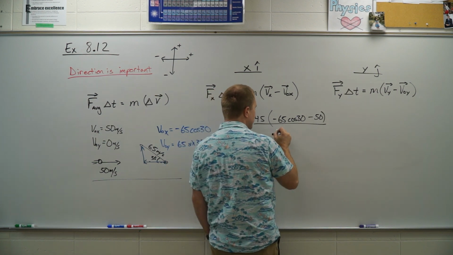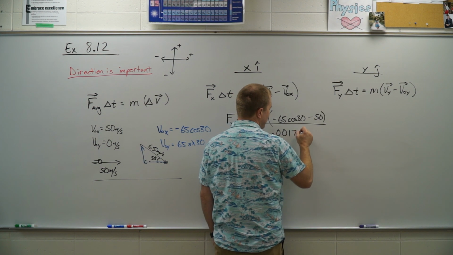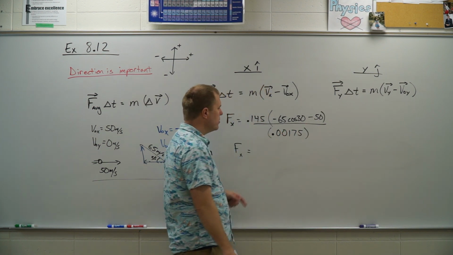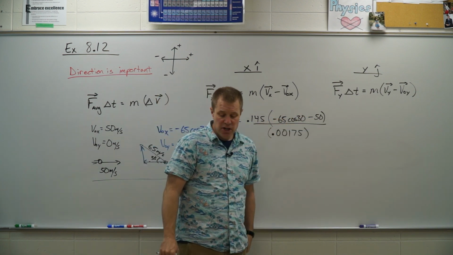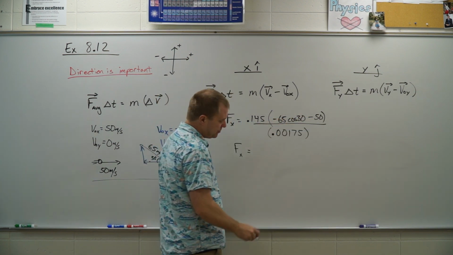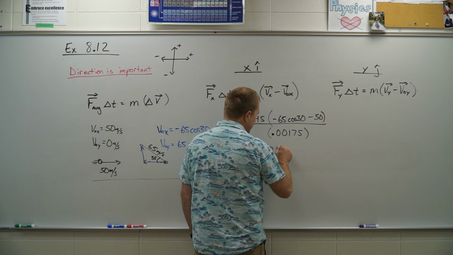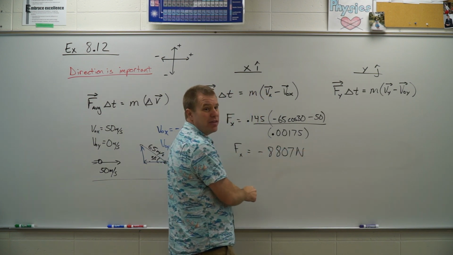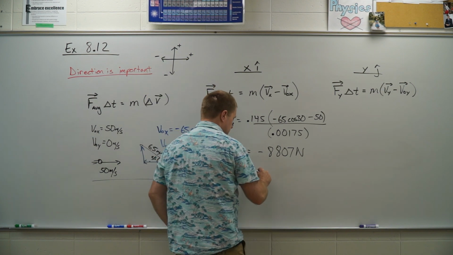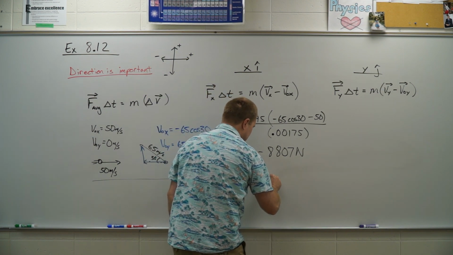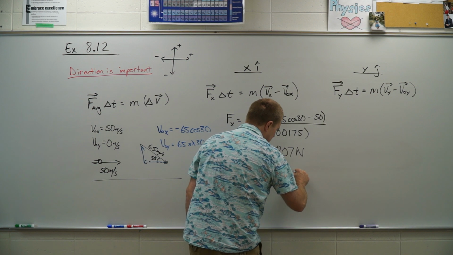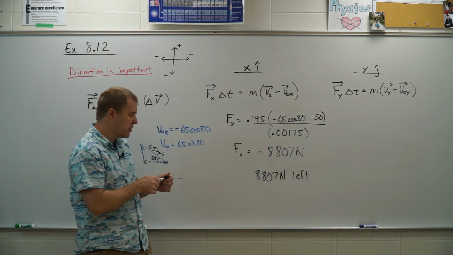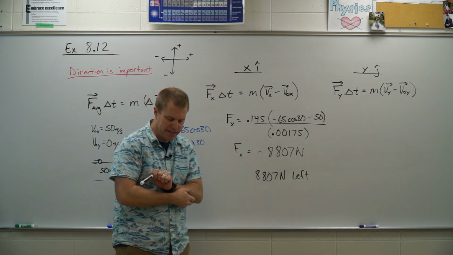We have to change that to 0.00175 seconds. This gives me an x component of the force, and you see I got these negatives up here, so I do get a negative coming out of here: negative 8,807 newtons. This negative means it's to the left. So this is 8,807 newtons left for an average x component force during that 1.75 milliseconds.